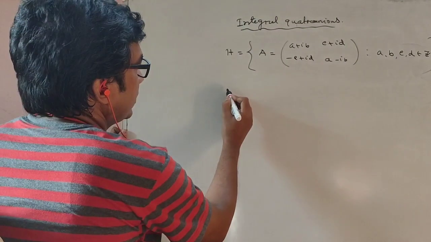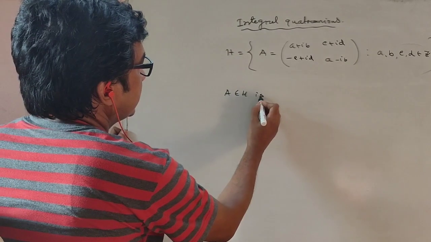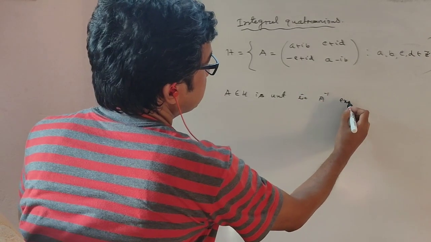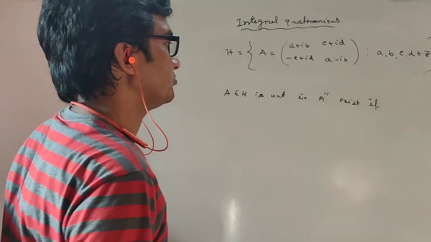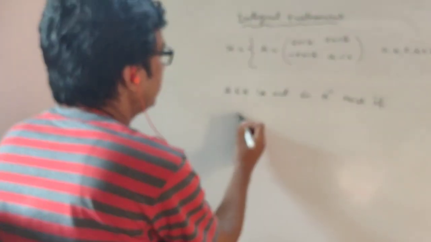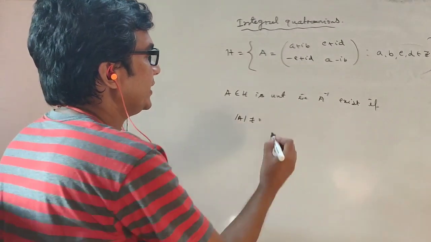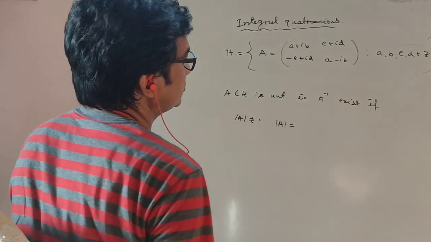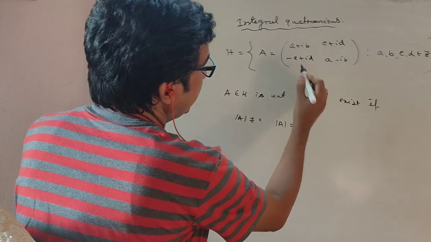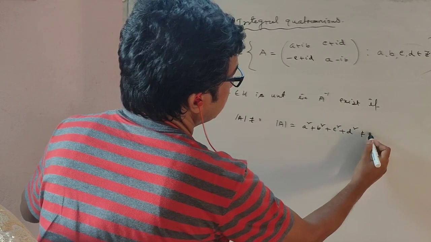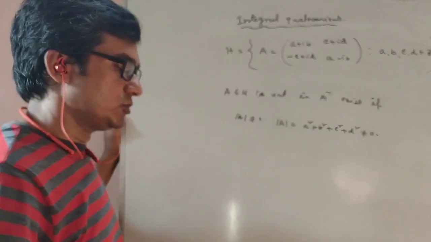Here A belongs to H is a unit, that is A inverse exists, if determinant A not equal to 0, that is non-singular, and determinant A equal to clearly a square plus b square plus c square plus d square, must be not equal to 0.